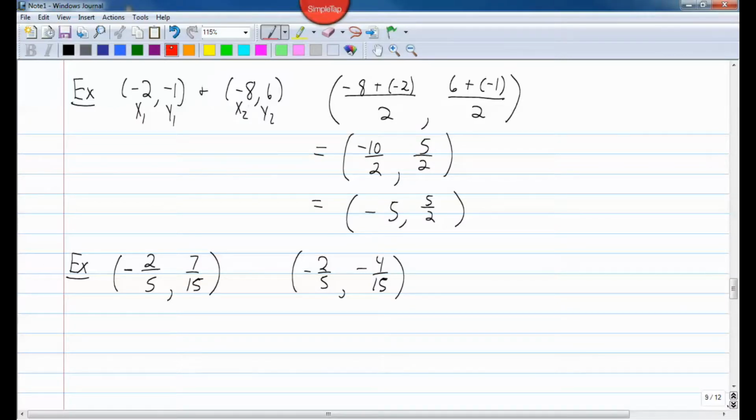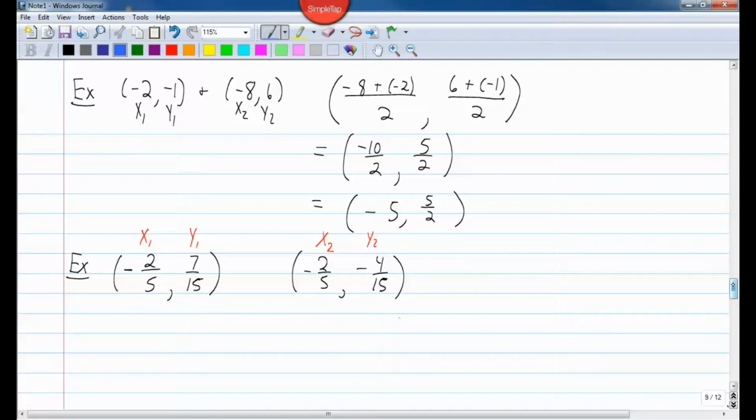Alright, so just because they're fractions doesn't mean we're going to do anything different. It's just that we may have to get a common denominator here or there. We may have to divide a fraction by a number. We'll do something like that. All right. So I'm going to use the same formulas though.